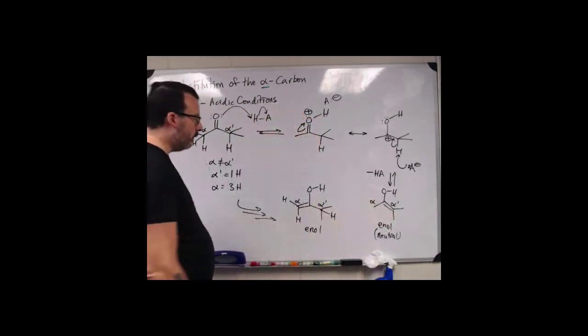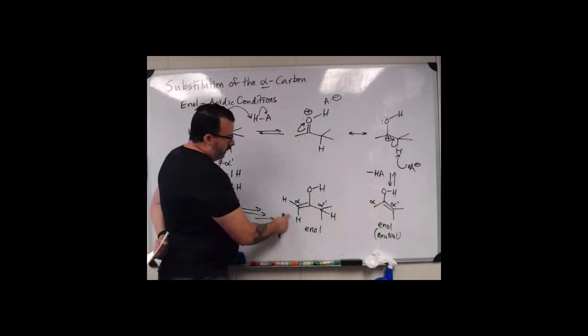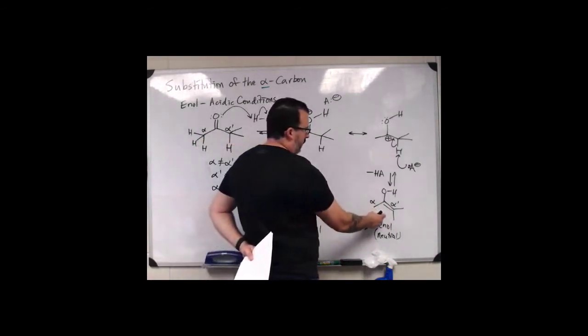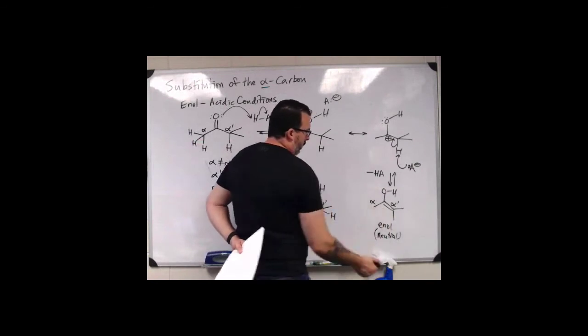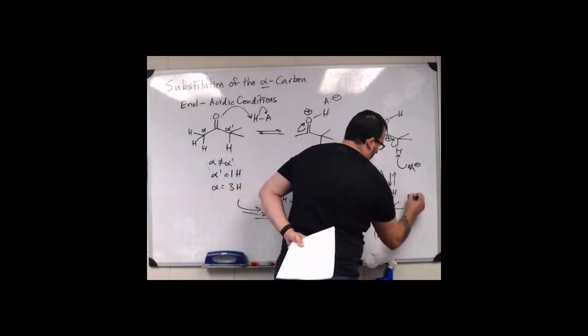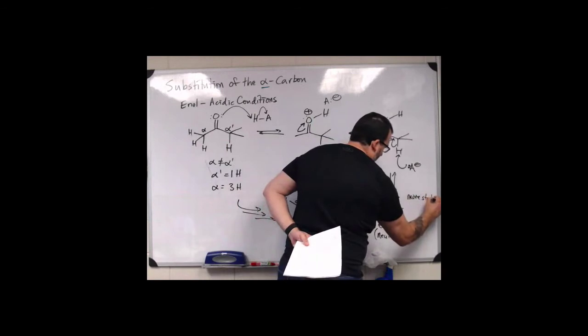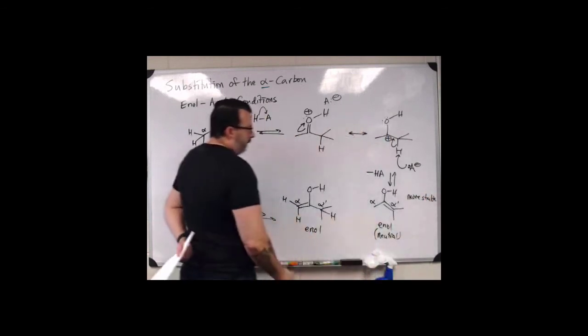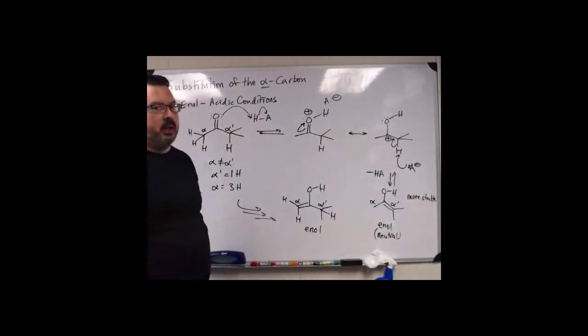Here, if we're not counting hydrogens, we count 1, 2. So this would be a disubstituted versus tetrasubstituted. So this is more stable. And the relationship between these two is constitutional isomers.